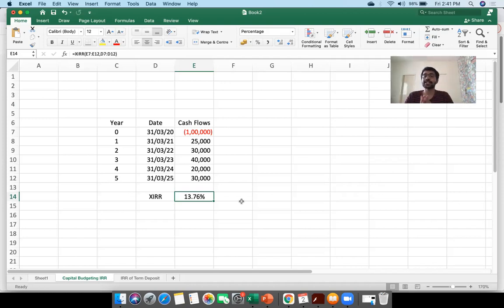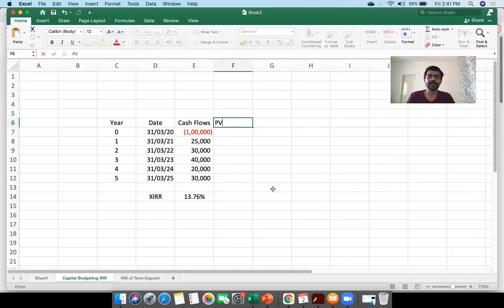Now, if I want to verify whether this is right or not, I know that XIRR is nothing but the discount rate. If I plug in this as the discount rate for calculating NPV, the NPV should be equal to 0, right? So what I'm doing is I'm calculating the present value factor at 13.76%.